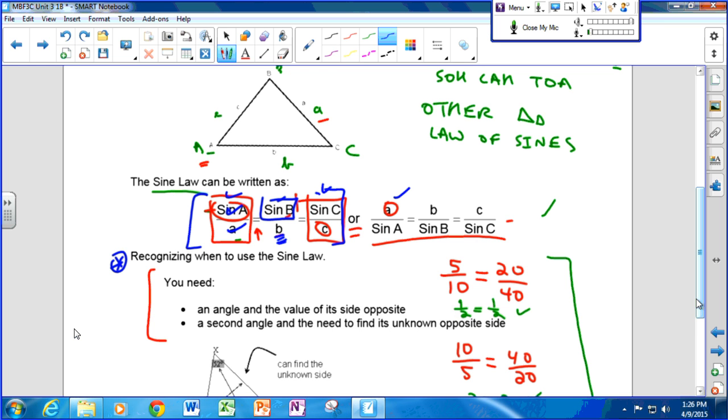Probably the most critical one is, if you are asked for sine B, look to see if you have the opposite side. If you don't, then you're probably not going to be using the sine law, because there's no other way to proceed with it. But if you're looking for the sine of an angle and you do have the opposite side, that's a good sign that you can use the sine law, maybe.